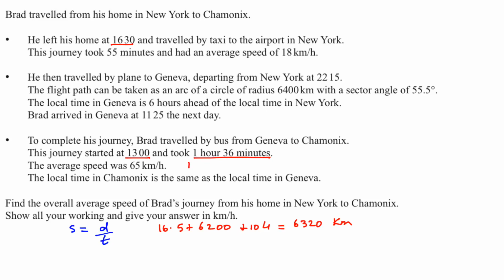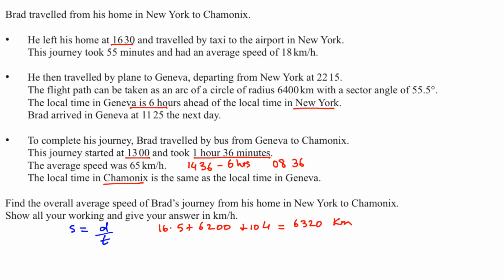It means he reached at 1436. But Geneva is 6 hours ahead of New York and it has the same time as Chamonix. So from here we are going to subtract 6 hours. When we subtract the 6 hours, our time is 8:36. This is AM.